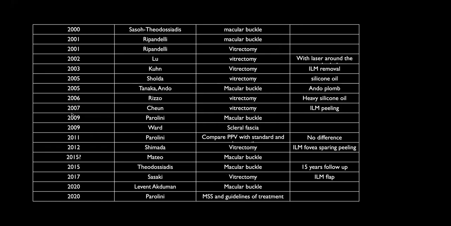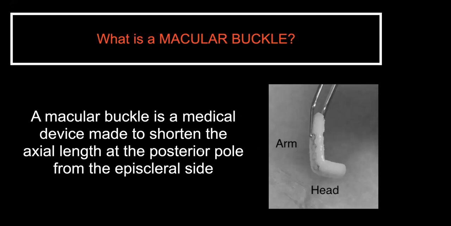I started to speak about macular buckle for the first time in 2009. I was in Amsterdam at the HITAM meeting, and nobody at the time was speaking about macular buckle in the meetings. Nobody, I can tell you. After that, I started to speak in almost every meeting, and a new series of literature came out.